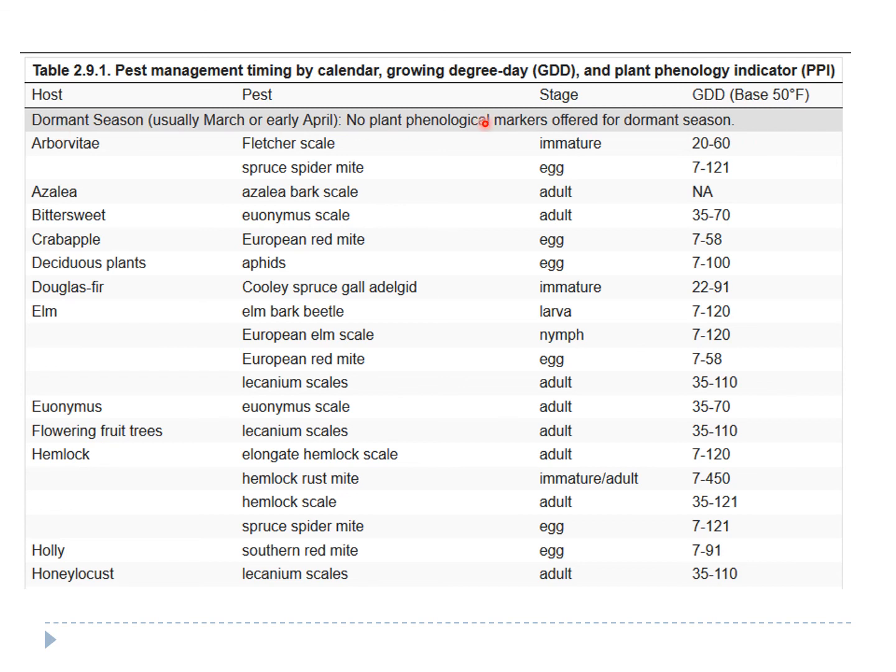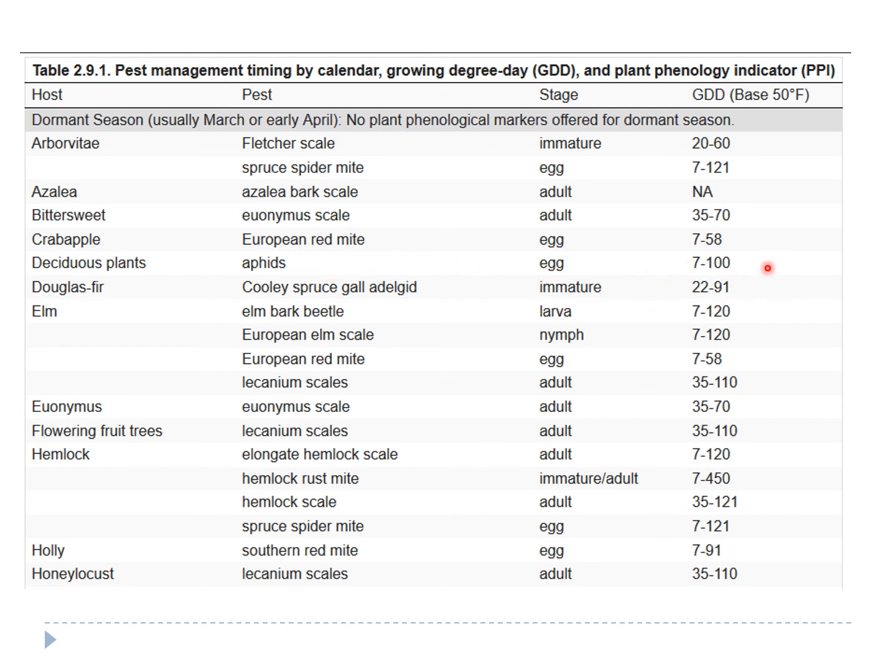It's dormant season, March, early April, where we don't have a whole lot of activity yet, but there are certain things that are just starting to come out and be problems. The Cooley spruce gall-adelgid, which is kind of a fun gall that we see on Douglas fir. We want to be treating the immature Cooley spruce gall-adelgids between 22 and 91 growing degree days, so very early on in March.